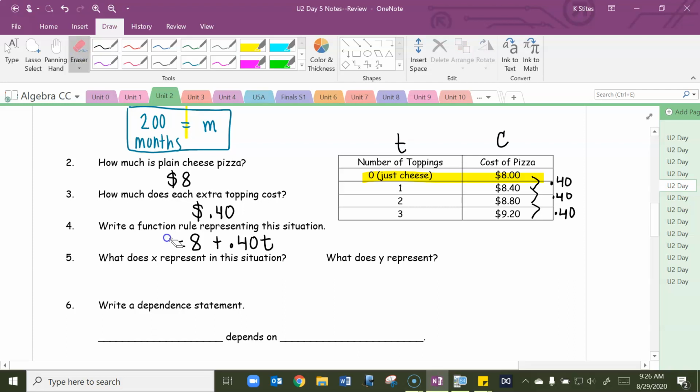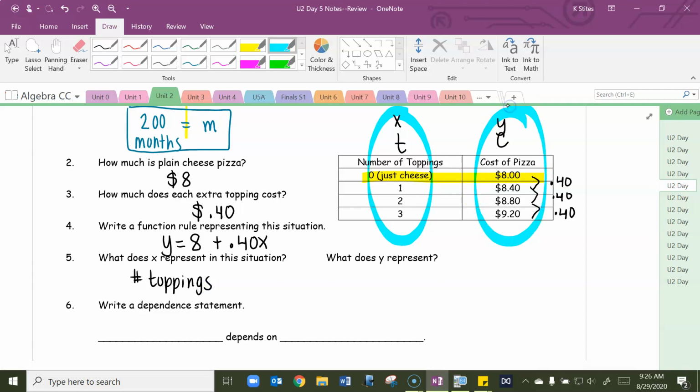So let's change our C and our T to a Y and an X. X, Y. And I know it goes X, Y in this order because when I plot my points, that's the order I go in. And what does X represent in this situation? Well, X is just number of toppings. And Y is the cost.